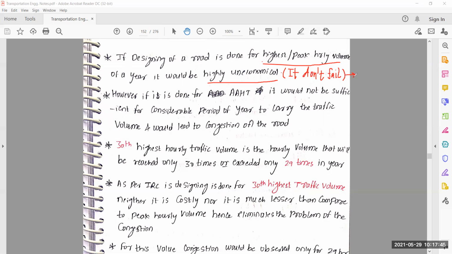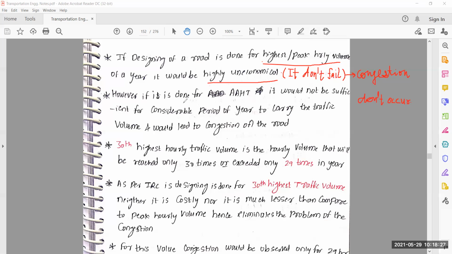That means congestion congestion congestion do not occur. Do not occur congestion do not occur.